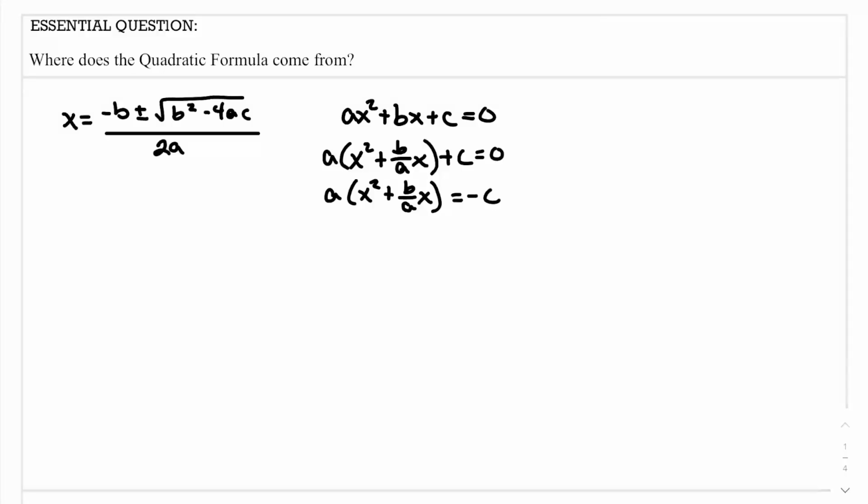Then we want to complete the square. So here's where we divide b over a times x by 2. That becomes b over 2a, and then we want to square it. So we get b squared over 4a squared.